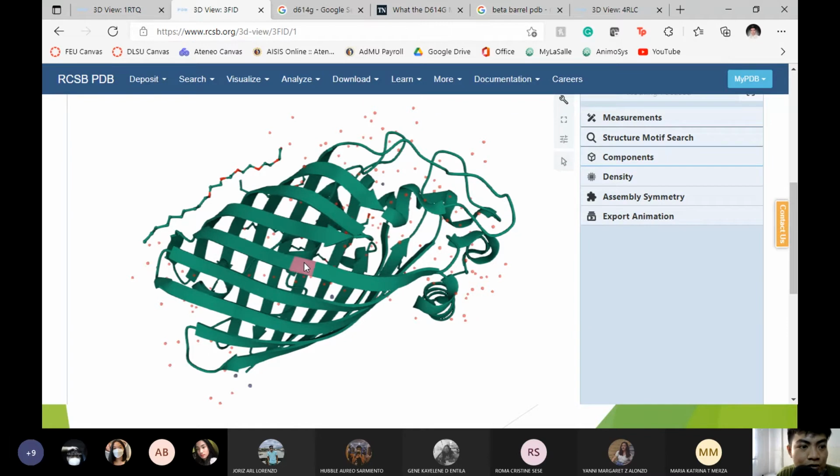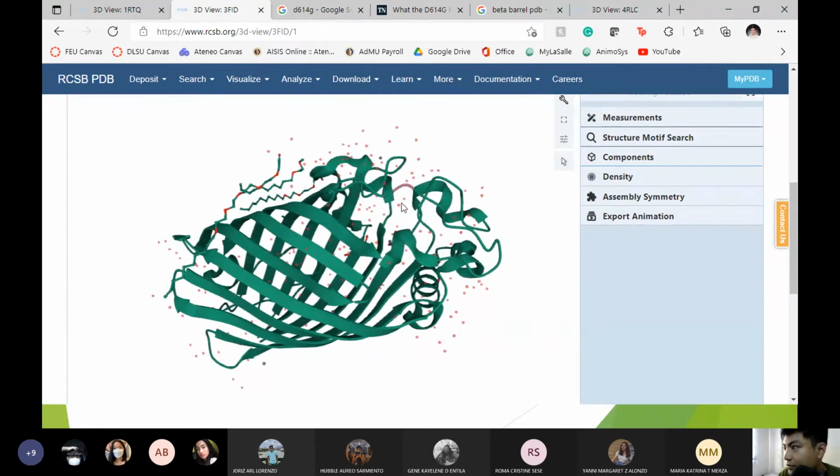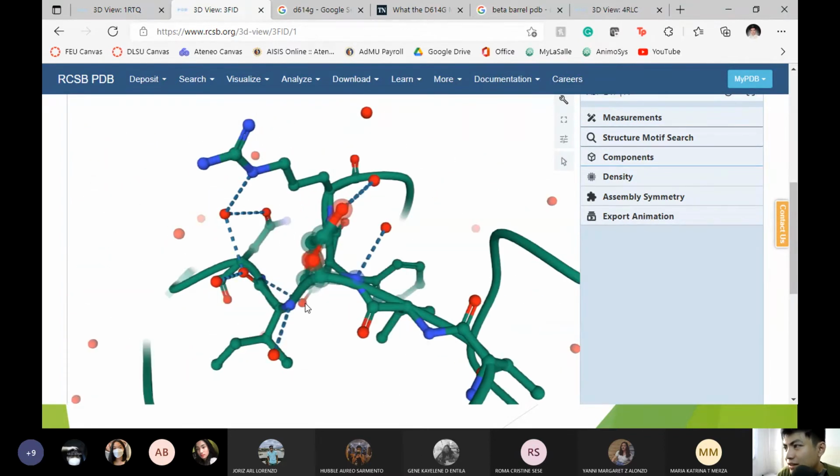The primary reason there is probably a random coil is that our charged amino acids are concentrated here. That's why they can't form an alpha helix or beta sheet. They are just messy.